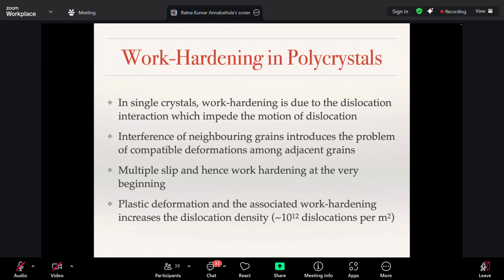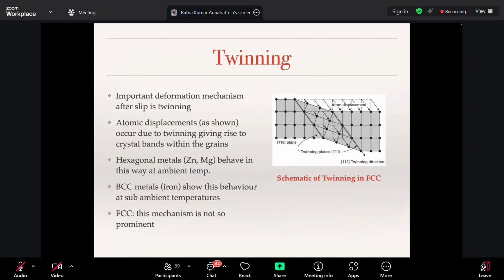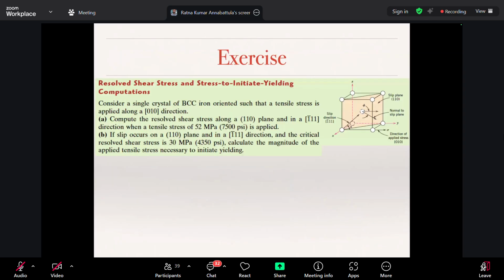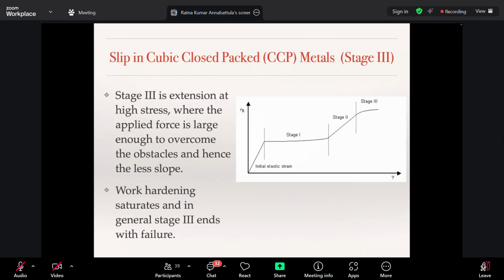That means you can have parallel yielding initiating on more than one grain in a polycrystalline material. And as a result, you will not see stage 1 in a polycrystalline material. You will only have a very small stage 1.